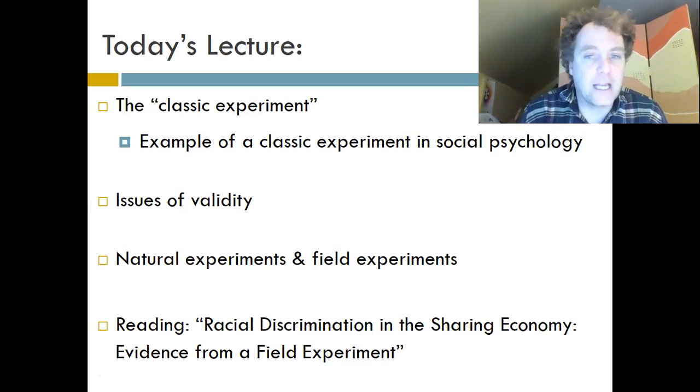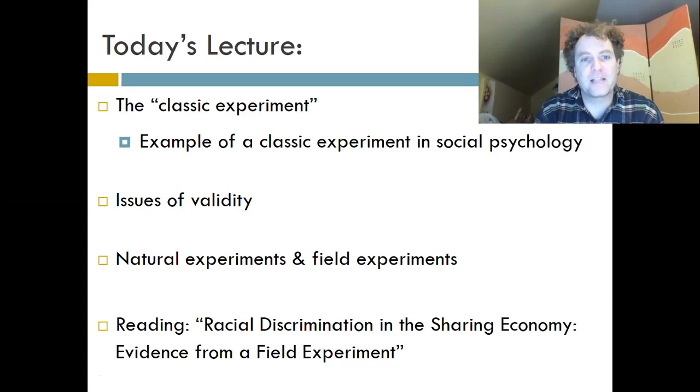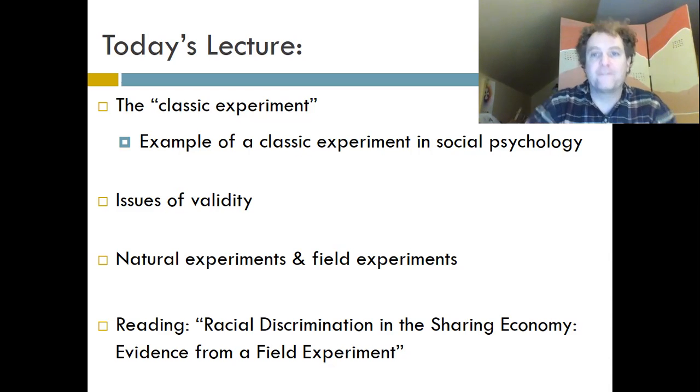Then talk about issues of validity. So this is essentially some of the problems that experiments can have. And then talk about natural experiments and field experiments, which is similar to your reading today. And then we're going to end by talking about the reading, racial discrimination in the sharing economy, evidence from a field experiment.